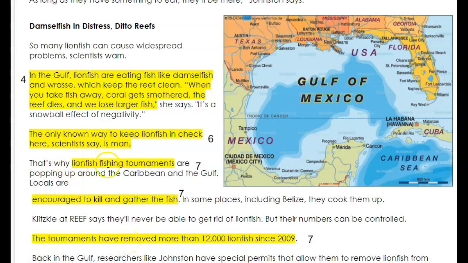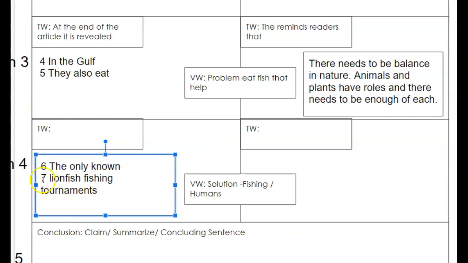But I'll start off with lionfish tournaments in my graphic organizer. So there's my second piece of evidence, lionfish fishing tournaments. Now I have 2 things that go to my solution that talk about humans and fishing.